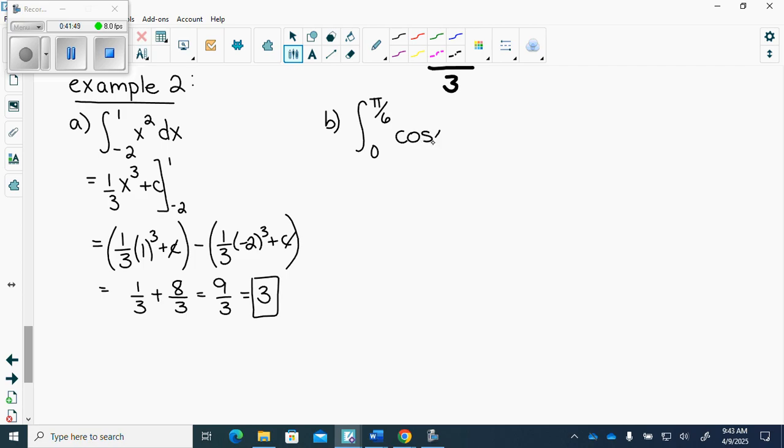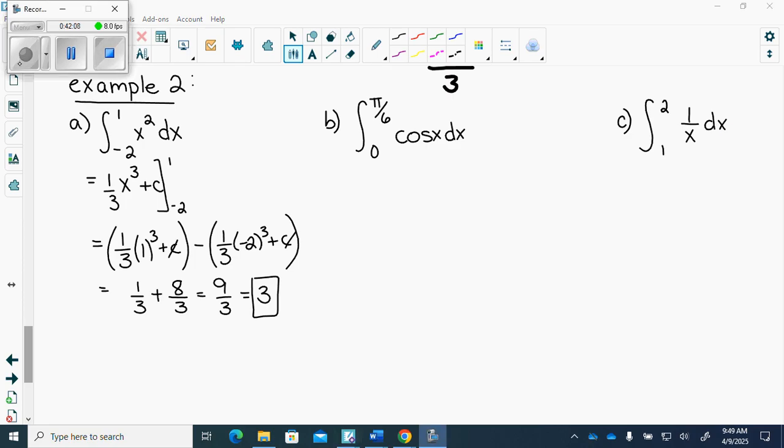Remember, you're doing the antiderivative, not the derivative. And then C is 1 to 2, 1 over x dx. Let's see if you remember what the antiderivative of 1 over x is.